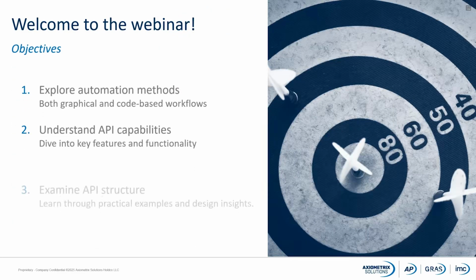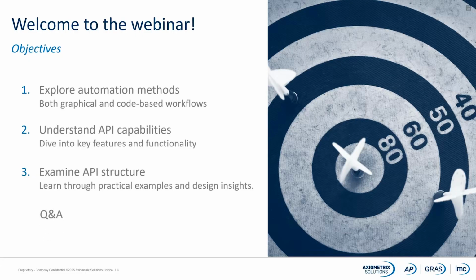So I'm hoping to hit on three primary objectives today. Obviously, this whole session is primarily about the API, but I will start off briefly by making sure that everybody is aware of both the graphical and the code-based automation workflows in APx software.